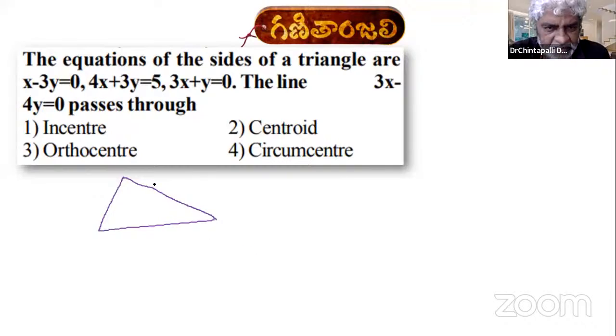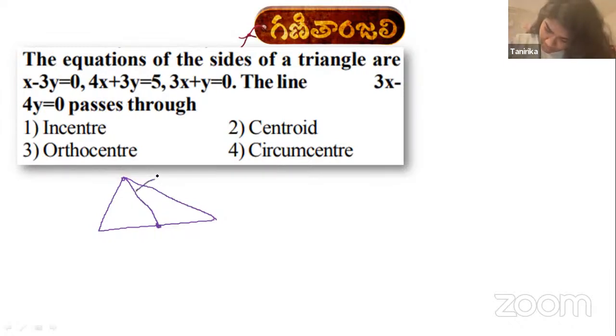This is the midpoint of one side, right? This is the vertex. What happens when we join this vertex and midpoint? It forms a line.